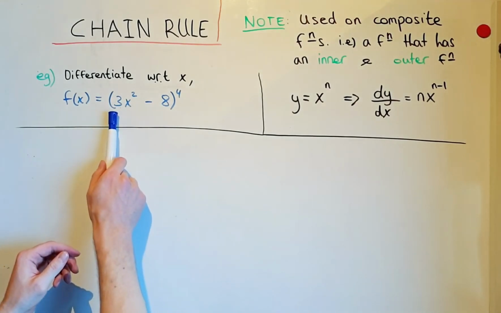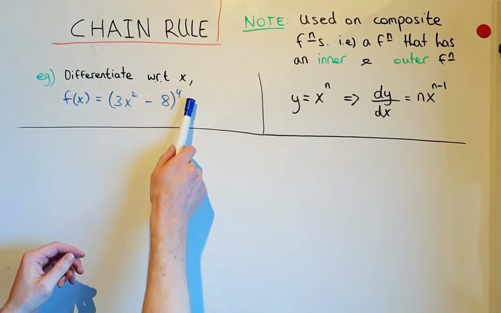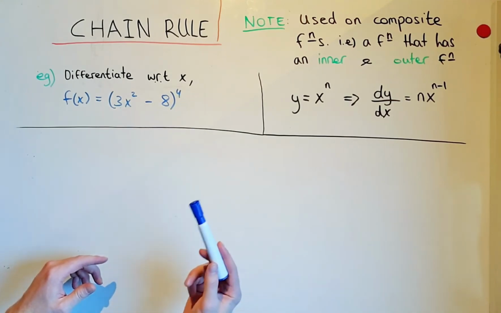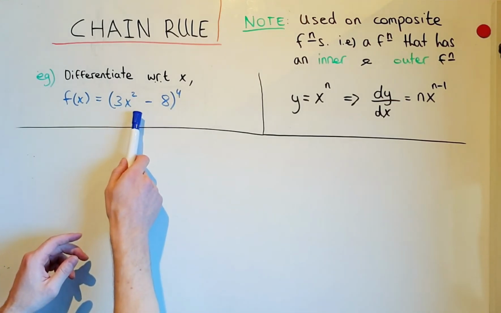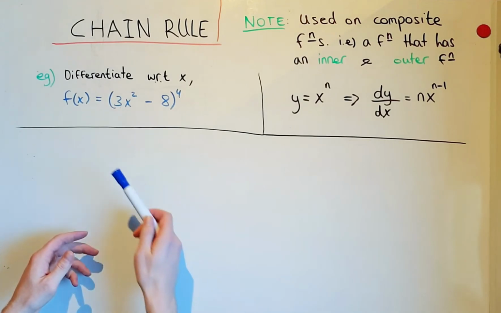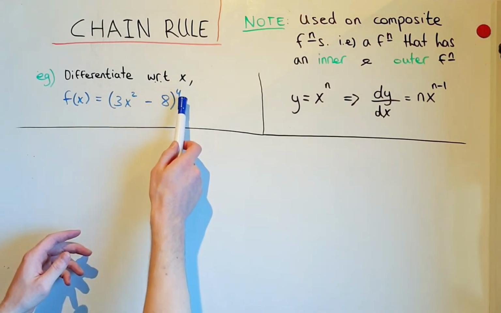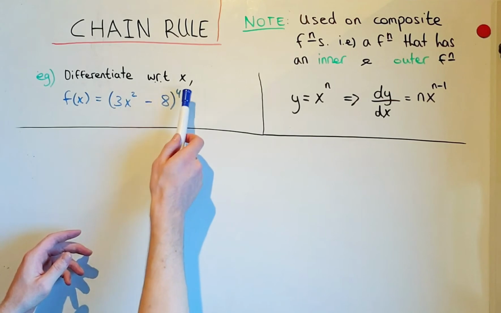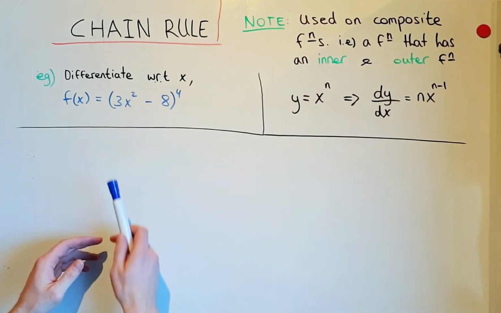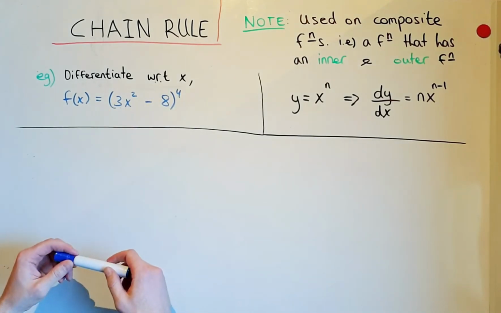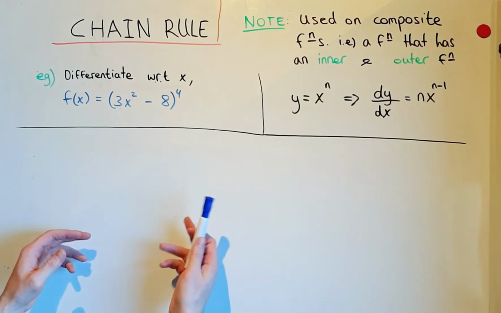So our function is 3x squared minus 8 to the 4. So our inner function is going to be the 3x squared minus 8, and our outer function is going to be the raised to the power 4. So this whole function to the power 4. So that's our inner function, and then we have our power to the 4. That's going to be our outer function.